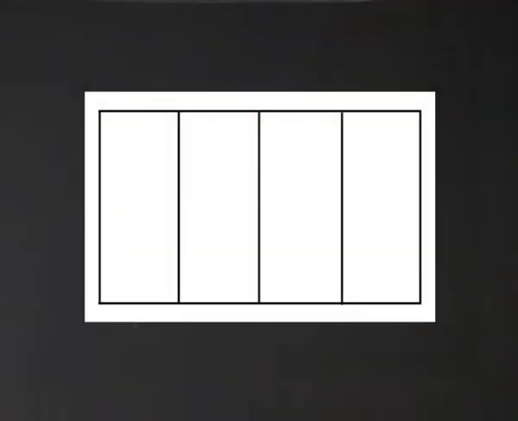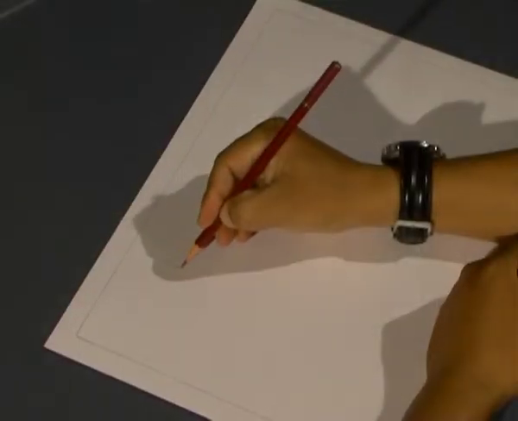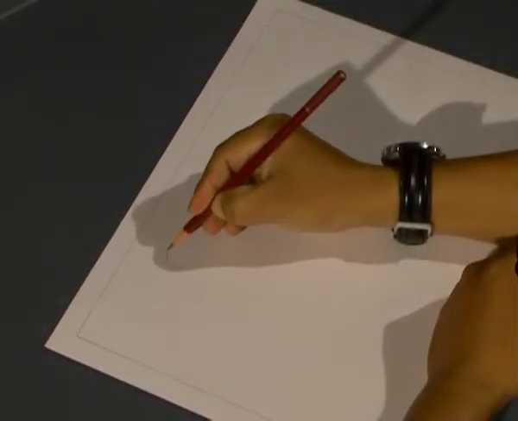Say, for example, if you want to draw 4 views of the bone, say anterior view, posterior view, lateral view, medial view, then you have to divide the page virtually into 4 longitudinal areas. Then you have to start drawing.